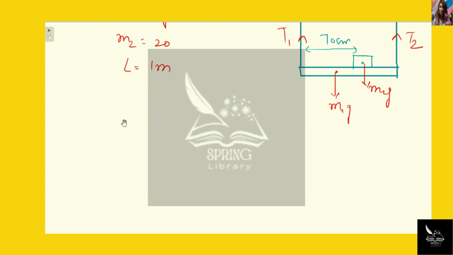Now we know that as the system is in equilibrium, so the net torque about O will be 0.